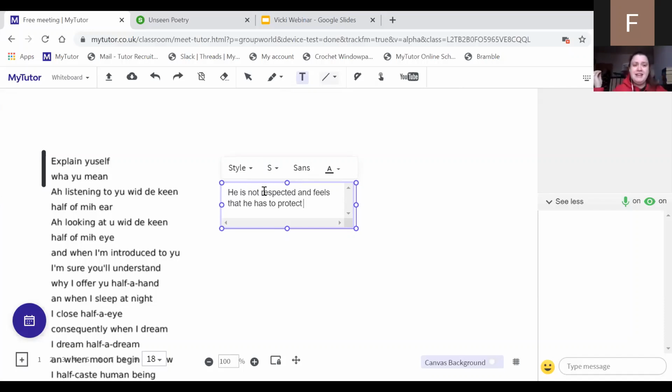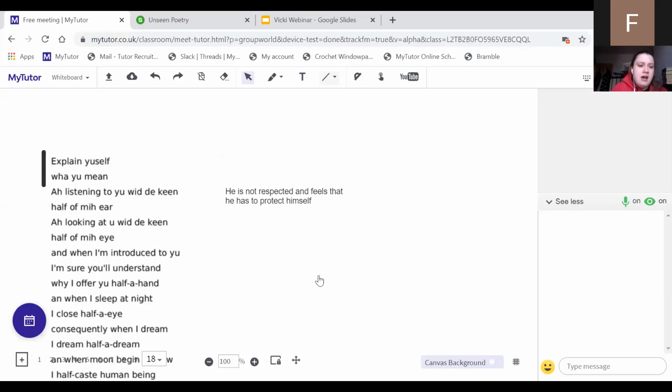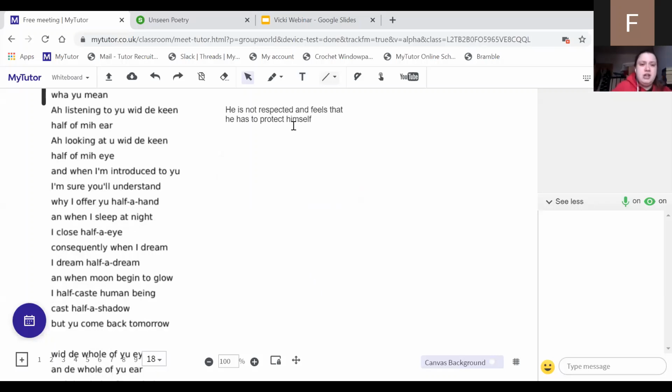So he says keen half of my ear. So the keen meaning that sort of the best part, meaning that he's looking out for attack essentially, which is incredibly sad. And we've got repetition going on as well there. So listening and looking with the keen half of me, and then whatever.